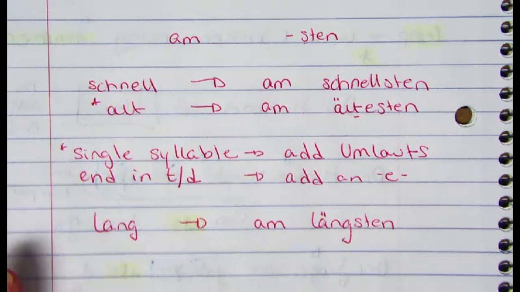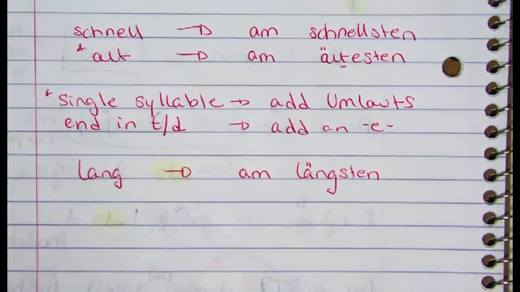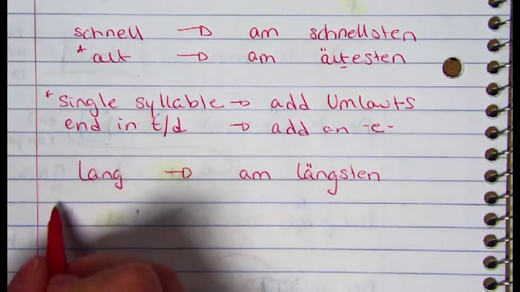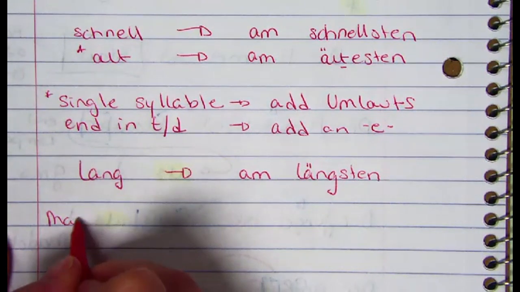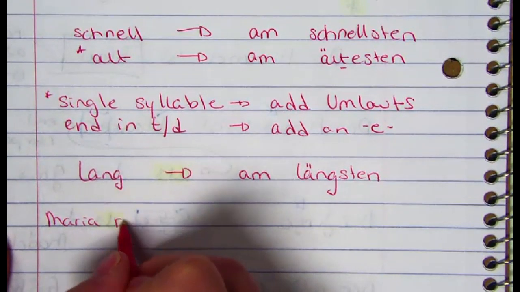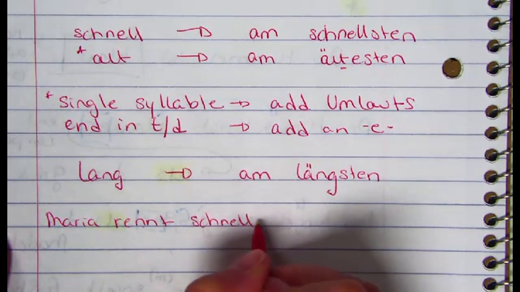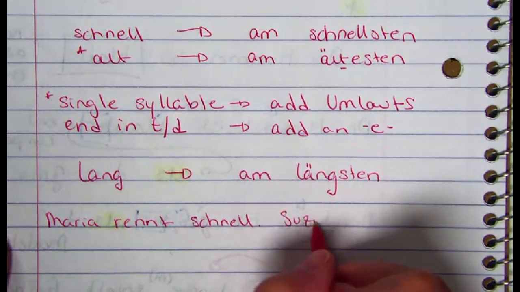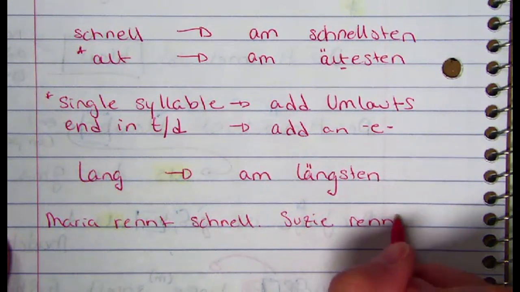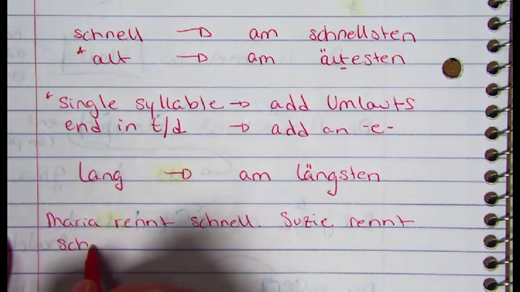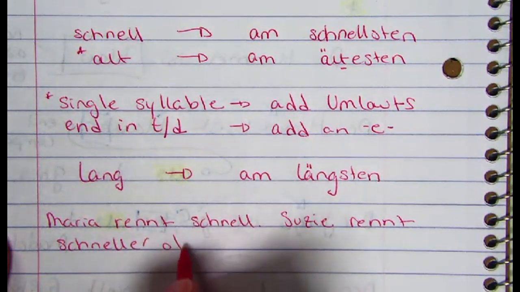To show you an example of this in a sentence, we could say something like: Maria runs schnell, Susi rennt schneller als Maria.